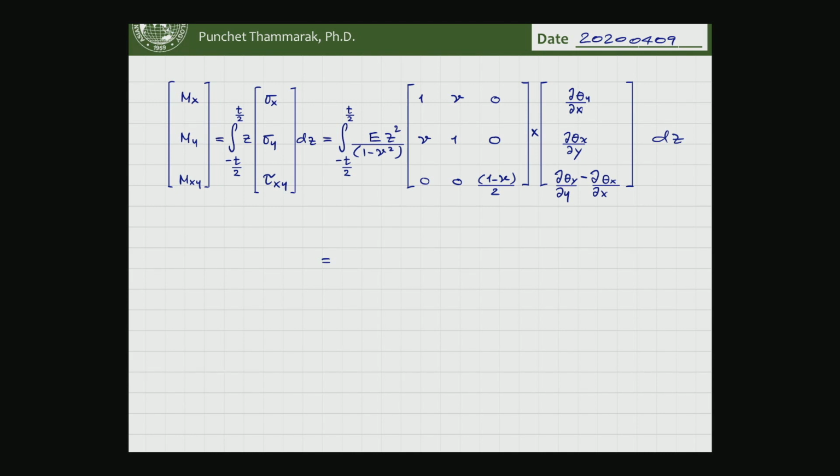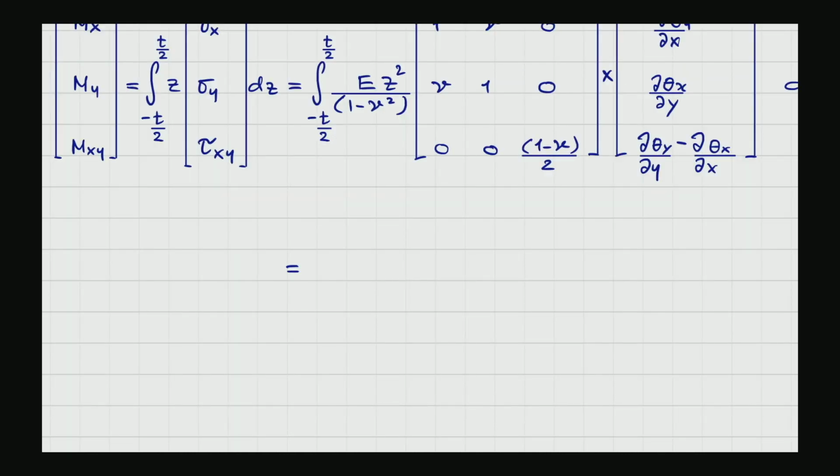And t cubed over 4, you integrate the z squared to z cubed, then you're going to have 3 as the denominator. So t cubed over 4 multiplied by 3, then you get t cubed over 12. Okay. So we have E t cubed over 12, 1 minus nu squared.